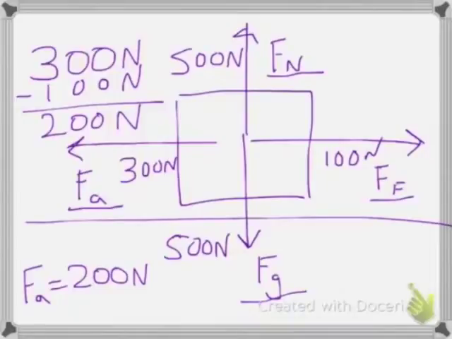If the net force is 0, like between our normal force and our gravity force, then it is either not moving, like something resting, or it's moving at a constant speed with no acceleration. Think about the Earth orbiting around the Sun. It's moving at a constant speed, not accelerating.